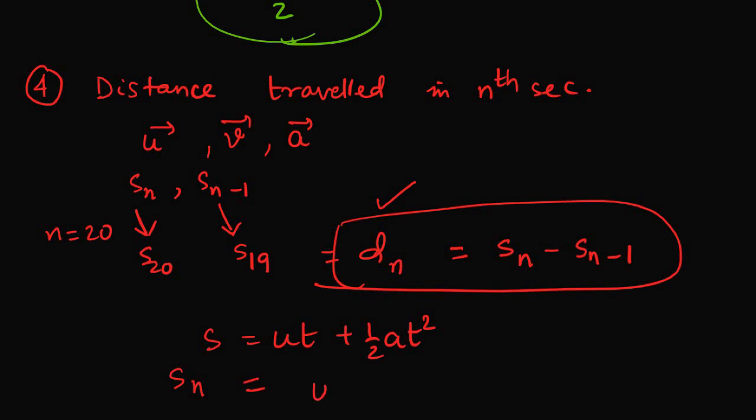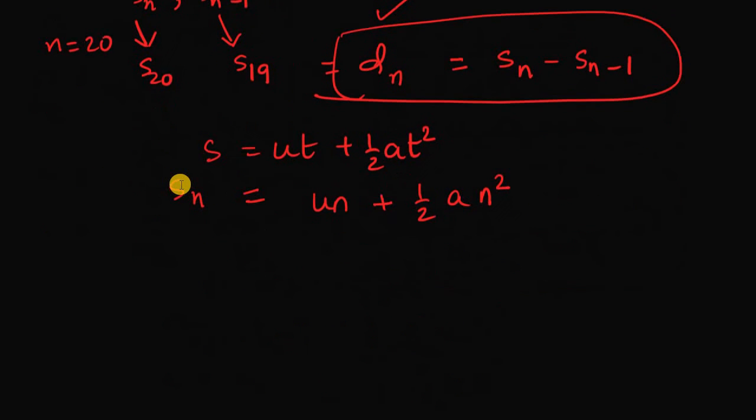Sn would be u n, where t is n now, plus half a n square. This is the first equation we should be worried about. This is Sn, which means it was calculated for the whole lot of time.